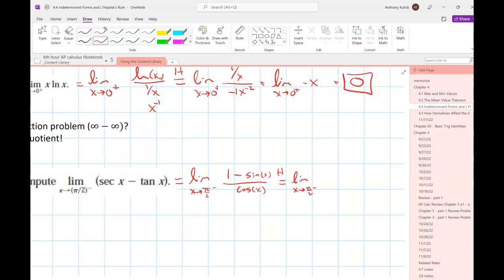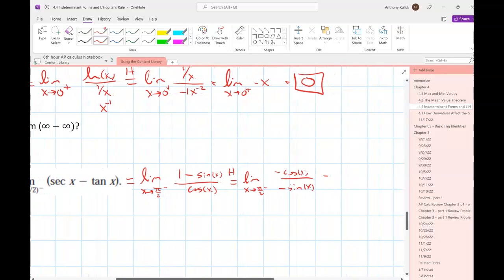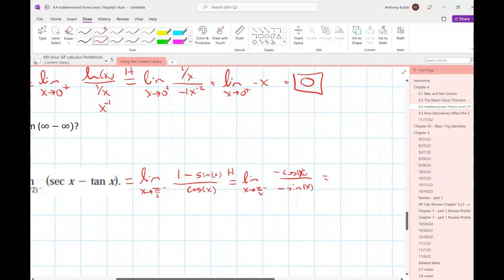Derivative of 1 is 0. Derivative of sine is cosine. Derivative of cosine is negative sine. At pi over 2, cosine is 0. At pi over 2, sine is 1.